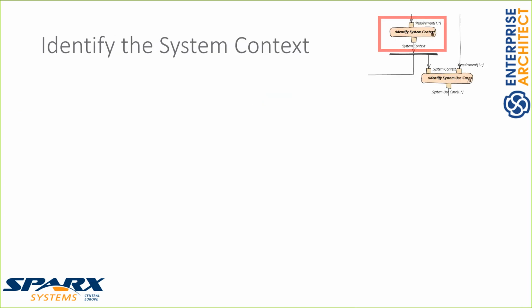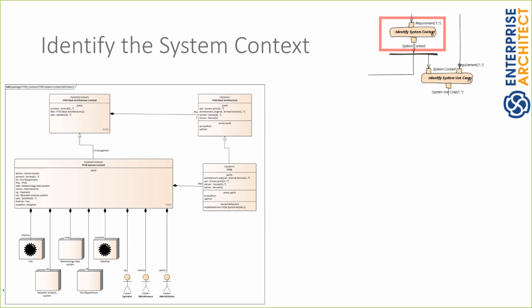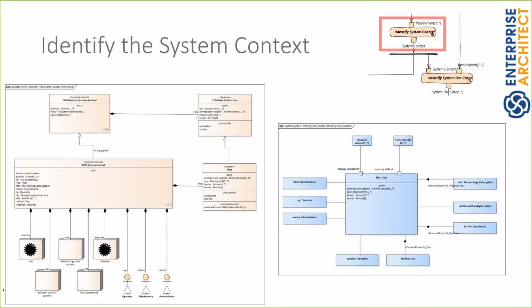Next thing you do is identifying the users and other external entities that interact with the system. The system context defines the environment of the system that needs to be considered, defines the system boundary, and depicts the required interfaces of the system.